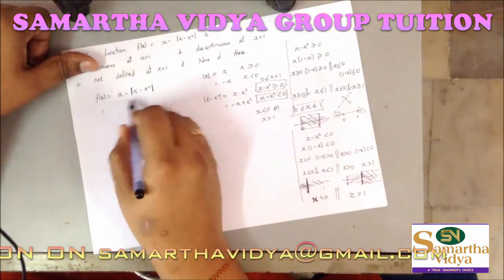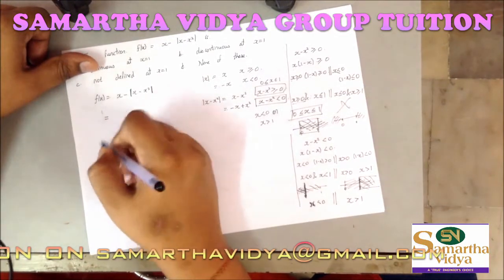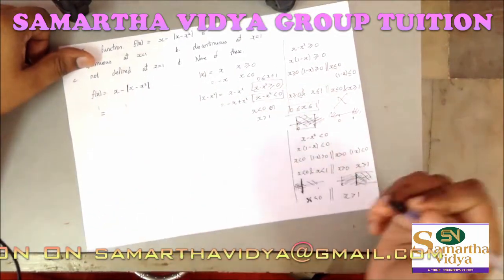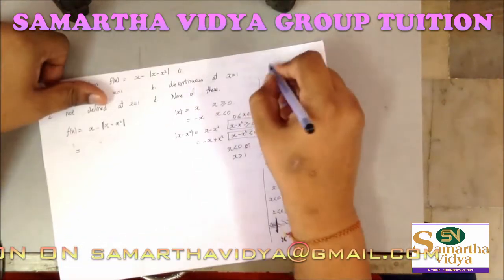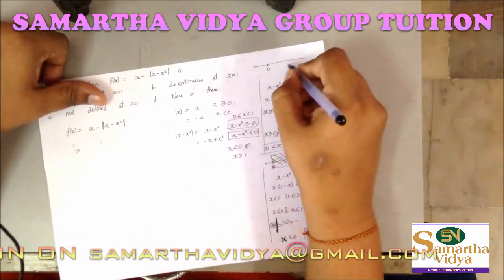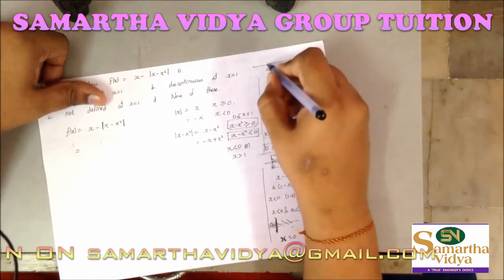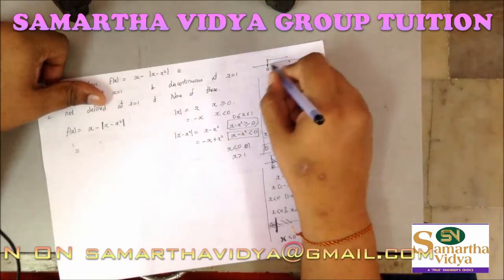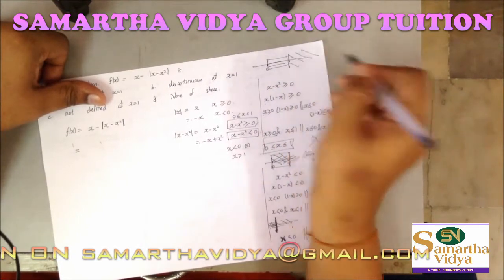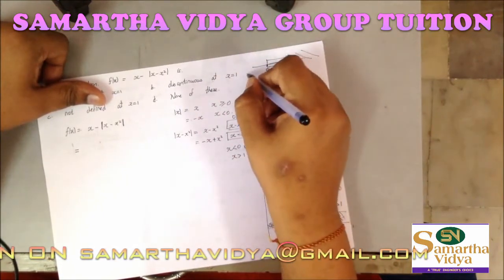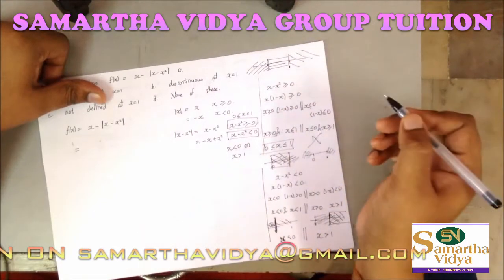So now going back to the function. This function can be written basically in three different parts, because you can see there are three regions which we have. We have a 0, we have a 1. So we have one region which is between 0 and 1, one region which is greater than 1, and the other region which is less than 0.